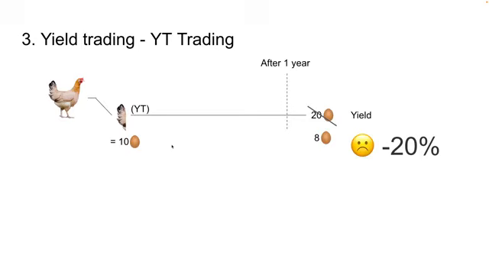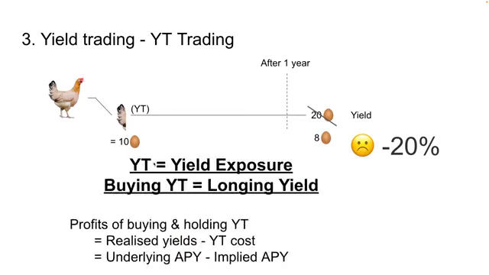But in short, we can note a few important things. Firstly, YT is equivalent to yield exposure. By holding the chicken butt, you are getting yields in terms of eggs from one chicken, which could fluctuate up and down, right? Today, the butt might generate 2x, but tomorrow it might only produce 1 egg.